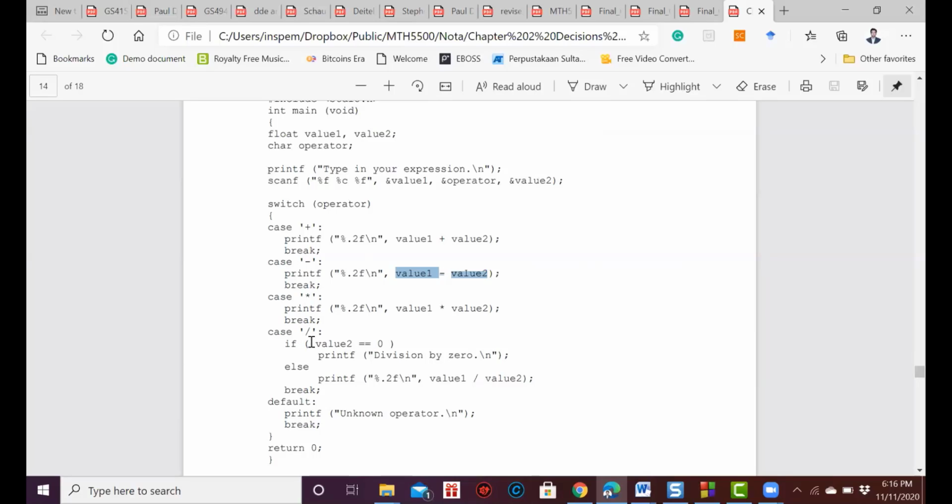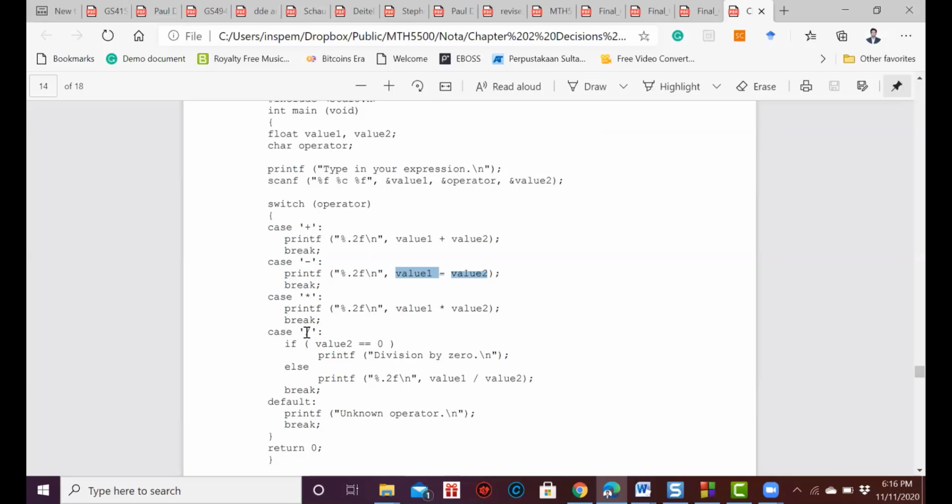This is the same logic as the if else if program just now, above, before. So here we check whether value 2 is not equal to 0; if it equals 0, then division by 0, else we print value 1 divided by value 2.